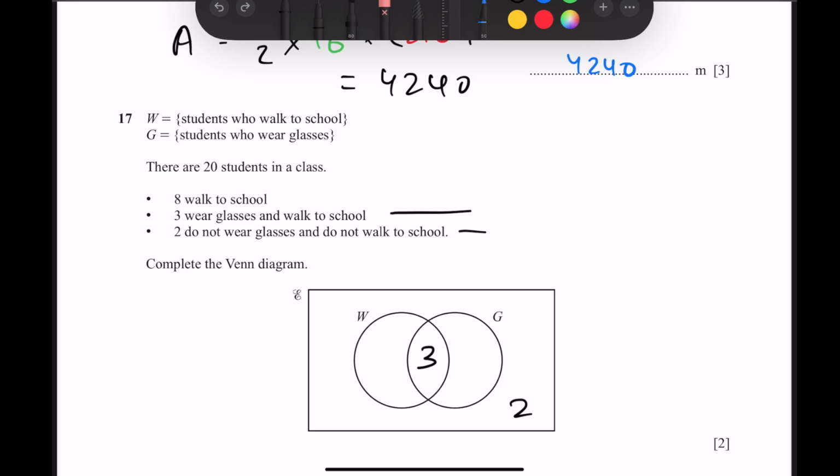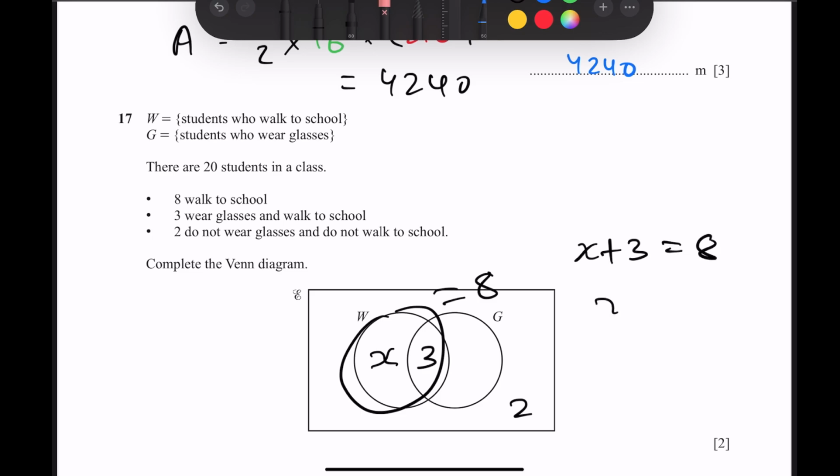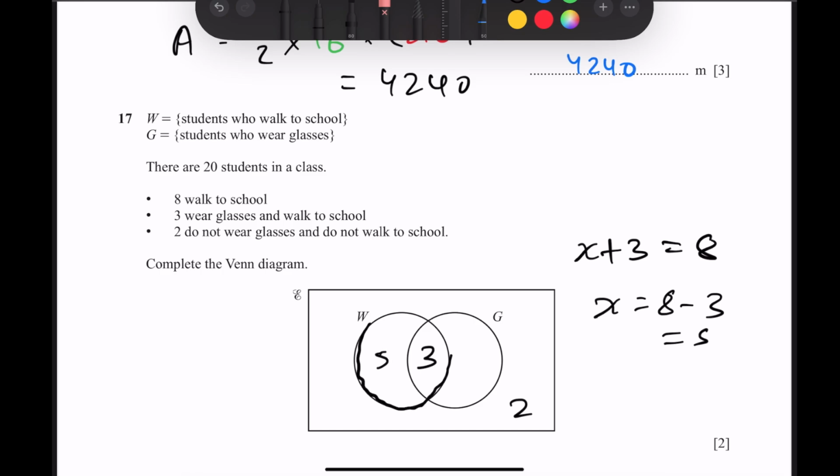Now the next statement is that 8 walk to school, which means that if X are the people that walk to school but do not wear glasses, X plus 3 is equal to 8. So X is equal to 8 minus 3, which is equal to 5. Therefore, this is 5, since this total set W is equal to 8, since 8 walk to school.